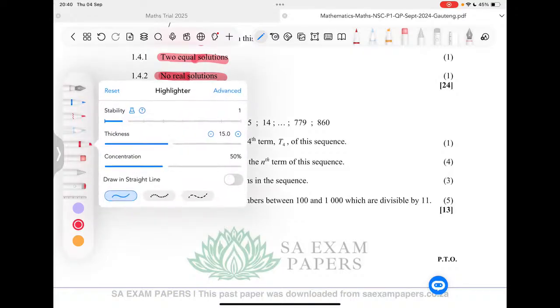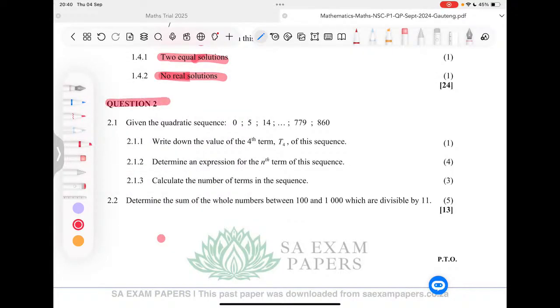As you would know by now, question 2 will really be based on the topic of sequences and series, and usually it will be broken down into three questions. First you look at a quadratic sequence, then the next question will be a combination of an arithmetic sequence and series.